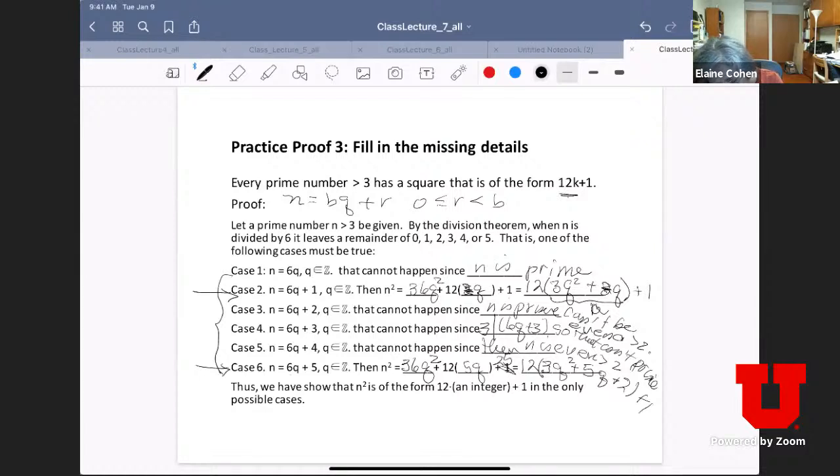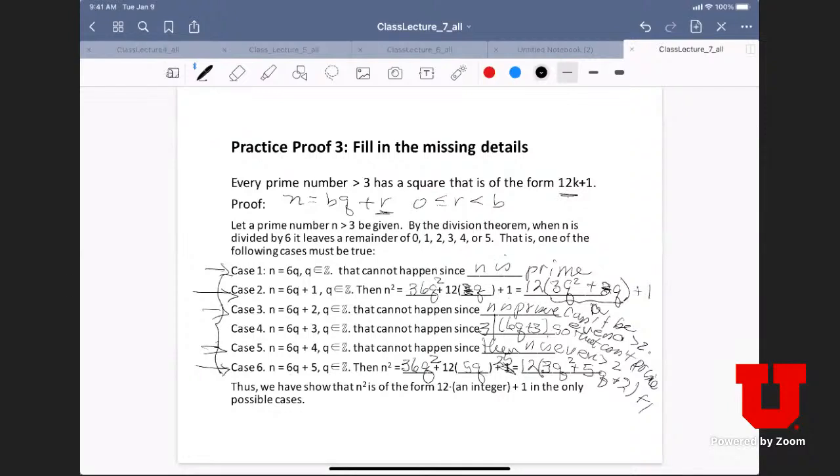If you don't do all possible remainders, you haven't proved it for all possible integers. So you must do it for all possible remainders. Even in the case, you can eliminate the evens very quickly, because you can say they're not prime in this example.